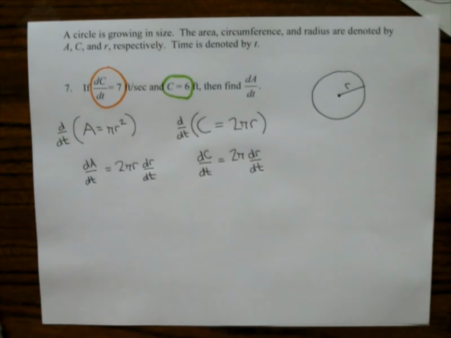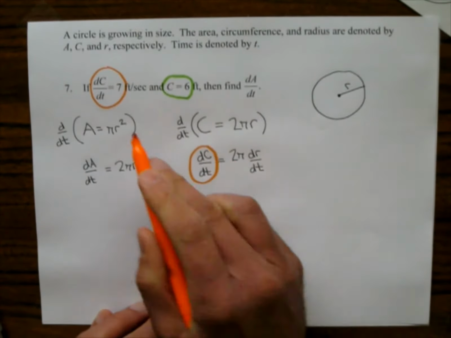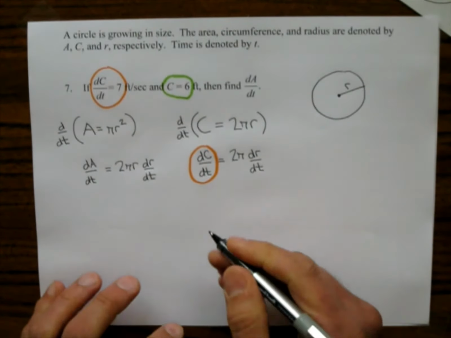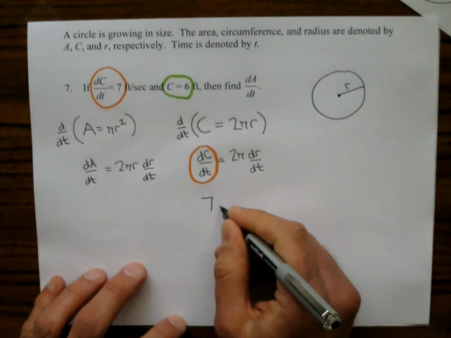Okay, so we have this, but look at this right here. We can put a 7 there, and that's great, because that will give us a dr dt. So let's put a 7 here.